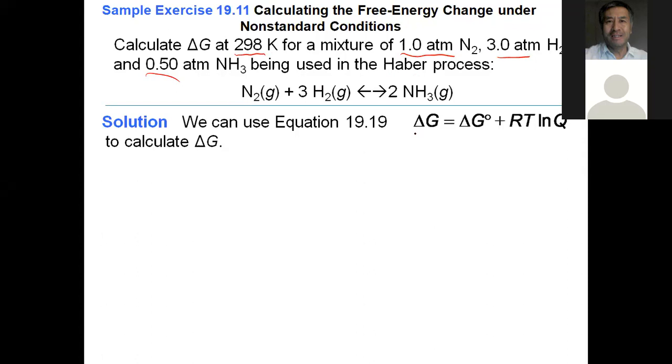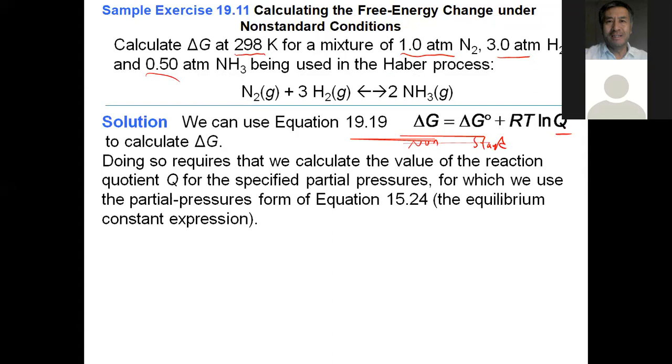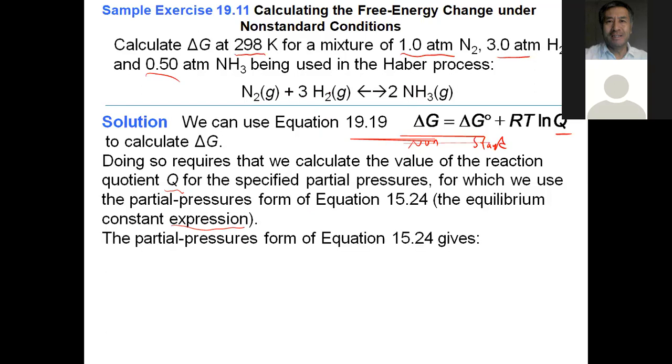So delta G at non-standard condition is the standard delta G plus RT ln Q, where this is the reaction quotient. Let's review how to write the expression for the reaction quotient. We give it the name Q, but the expression is the same as the equilibrium constant: you take the pressure or concentration of the product in the numerator and the reactant in the denominator, and take the coefficients as exponents.